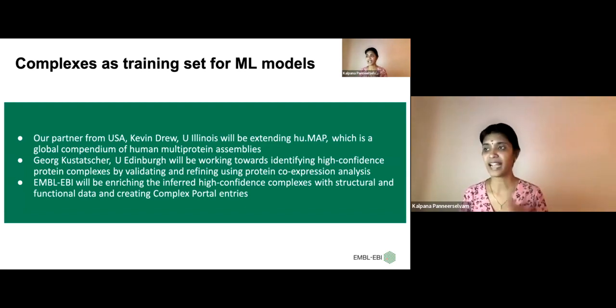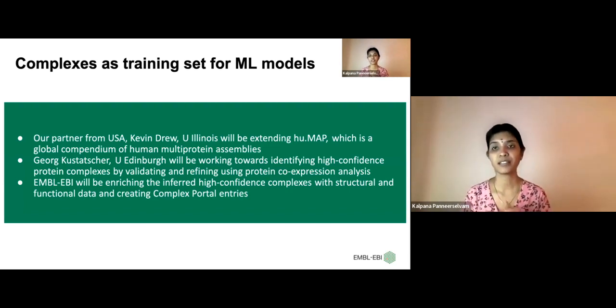And we have a collaborator from the University of Edinburgh, Georg, who will be working towards identifying high-confidence protein complexes by validating and refining using protein co-expression analysis. Then at the last stage, EMBL-EBI will be enriching the inferred high-confidence complexes with structural and functional data and creating Complex Portal entries.